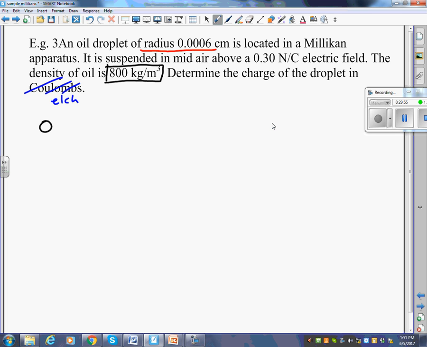It has pi in there. Pi r cubed? Close. It's 4/3 pi r cubed. I'm telling you right now. You might have learned it at some point in your math.